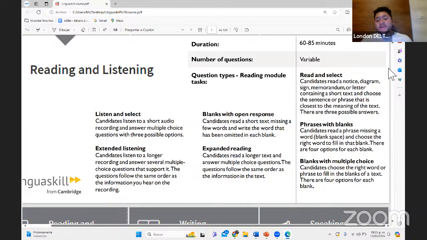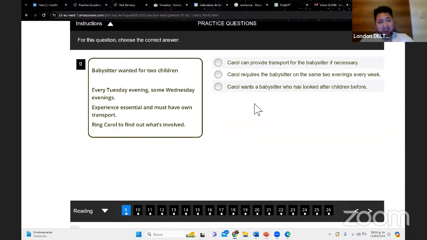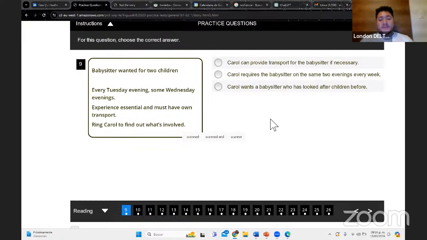Well, here you have to check a notice, a diagram, a sign, a memorandum, or a letter. Basically, it's like a text, and you need to be able to summarize this text and to choose the correct answer. Okay, how can we do this? We can do this following the technique that I showed you before, scanning.